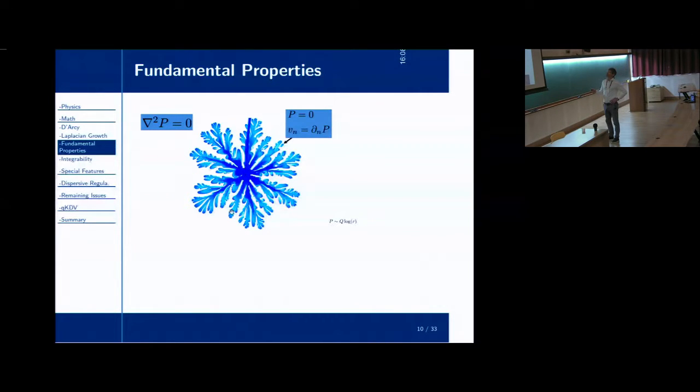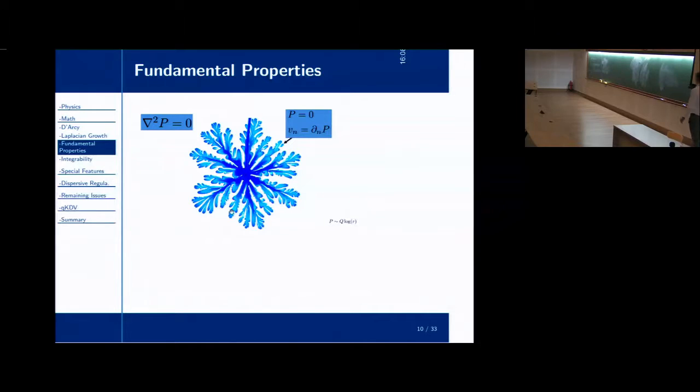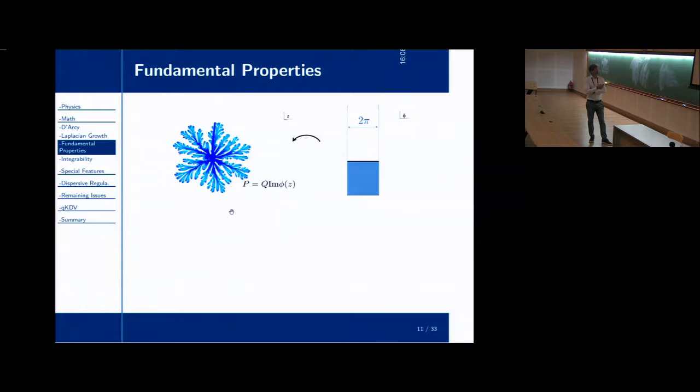We find the velocity. We move the boundary of the droplet according to the velocity a little bit. We compute the pressure, we compute the velocity, etc. So that's the algorithm for solving the problem on the computer in this manner. And this is the definition of the Laplacian growth problem.